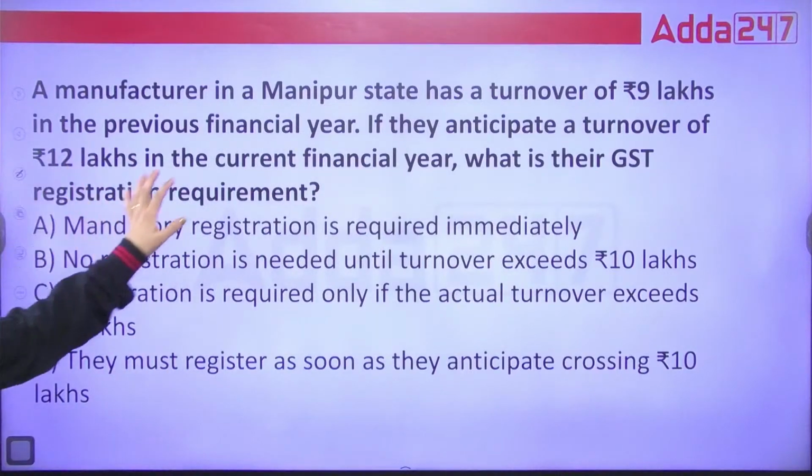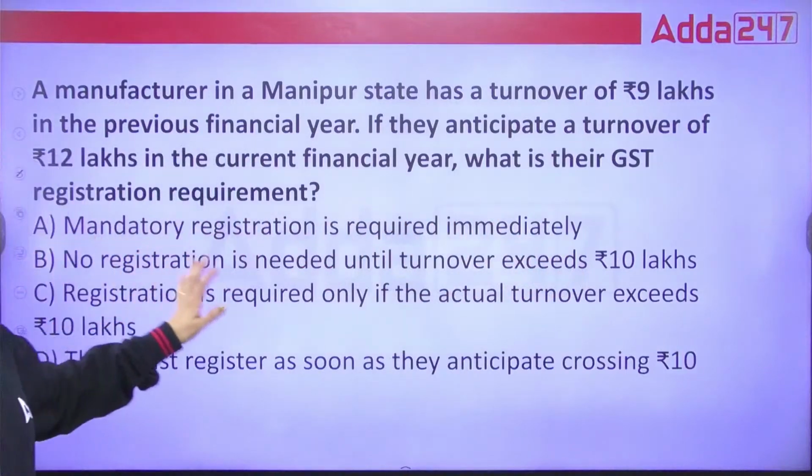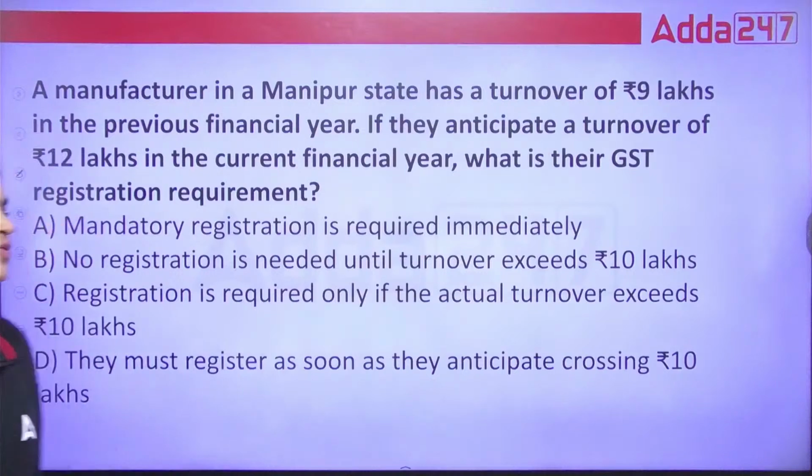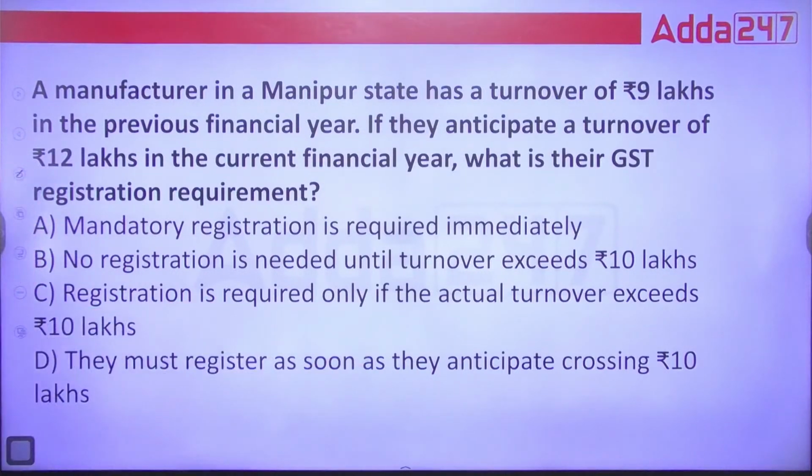A. Mandatory registration is required immediately. B. No registration is needed until turnover exceeds 10 lakh. C. Registration is required only if the actual turnover exceeds 10 lakh. D. They must register as soon as they anticipate crossing 10 lakhs. This question is from your module D, topic GST.